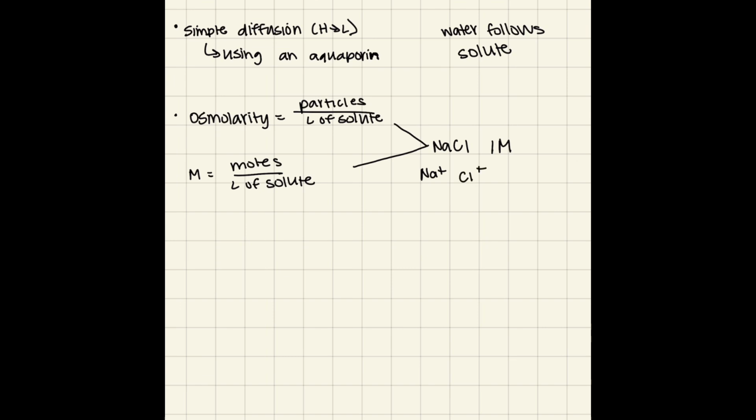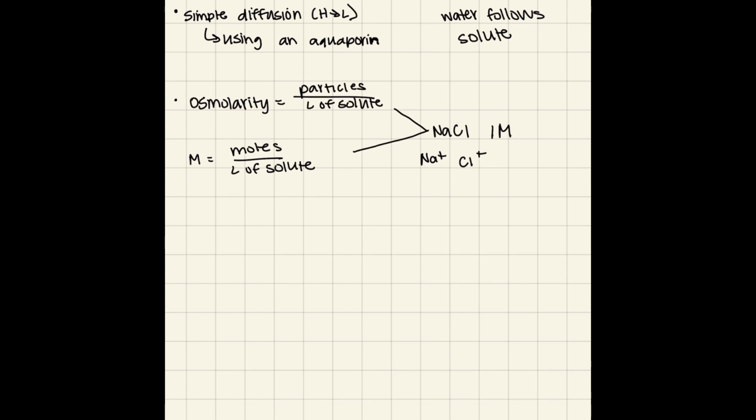So you have 2 particles for each sodium chloride that you put into that water. For each mole of sodium chloride, you have 2 moles of particles. So your osmolarity would be 2, where your molarity would be 1. That's how osmolarity and molarity differ. They're not always the same number, but if something is insoluble, they would be the same number.